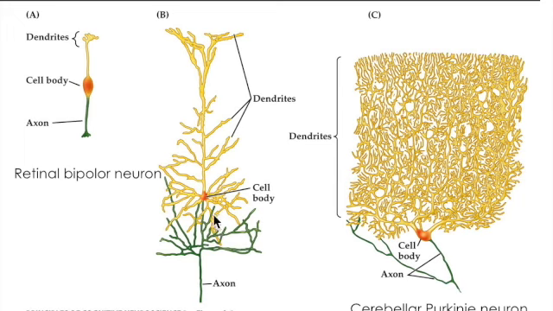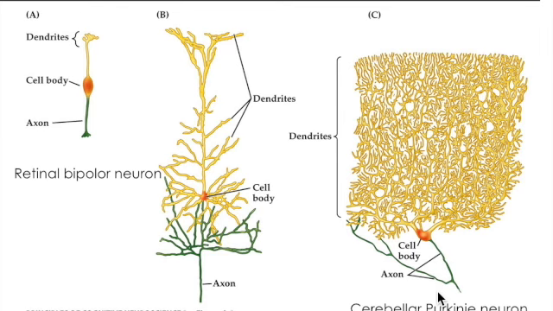The cortical pyramidal neuron has much more of these dendritic arborizations, right? So it really branches out a lot more. And then when you get into the cerebellum, there's another class of neurons called Purkinje cells that show a much more dramatic arborization or tree-like structure, and that's throughout the cross-section of the cerebellum.